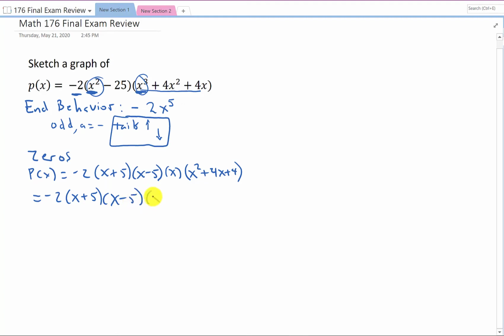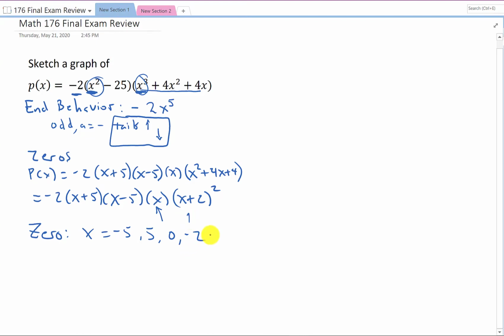So when I finish off factoring, this one will be x plus 2 times x plus 2, which I'm going to write as a second power. Okay, so I have all my zeros. Well, I haven't identified them yet, but the zeros are x equals -5 and +5 and 0 right here, and then -2 right here.